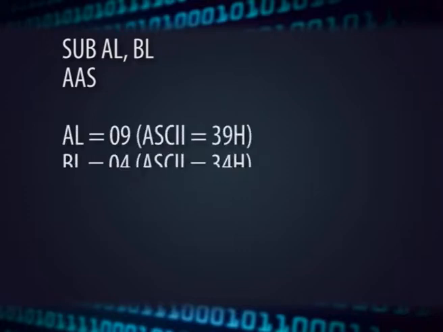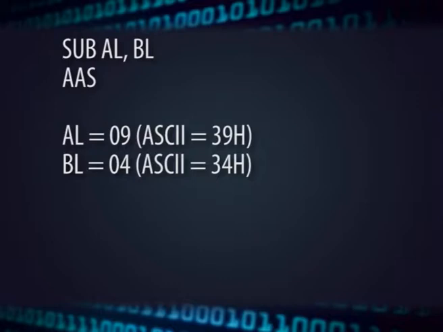Take the example of an instruction sequence SUB AL, BL, followed by AAS. Assume the value 09 in AL is stored in ASCII format as 39 hex, and BL contains 04 stored in ASCII format as 34.